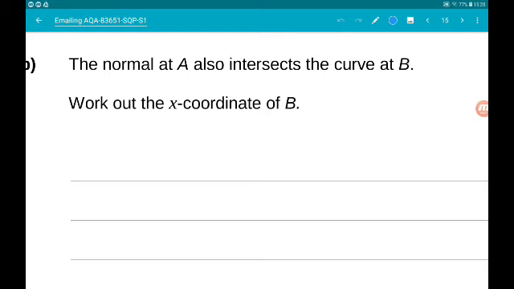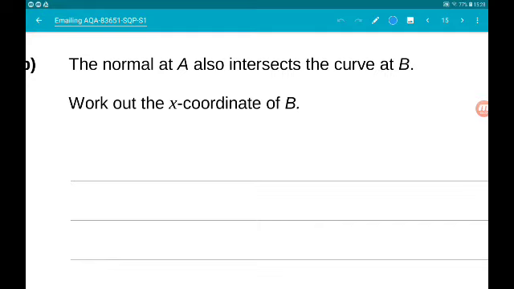Okay, then part B tells us the normal to the curve at A also intersects the curve at point B, and we want to find the coordinates of B. So, when lines or curves meet, they are equal.